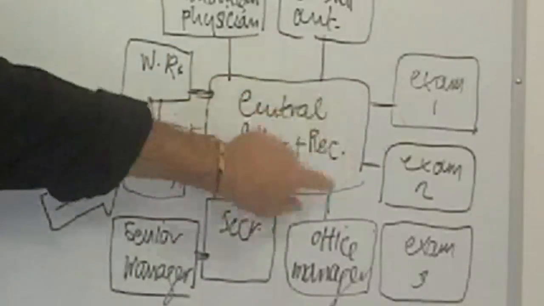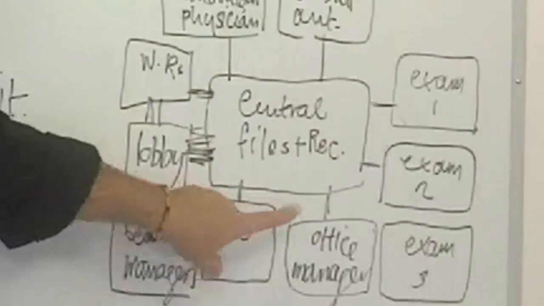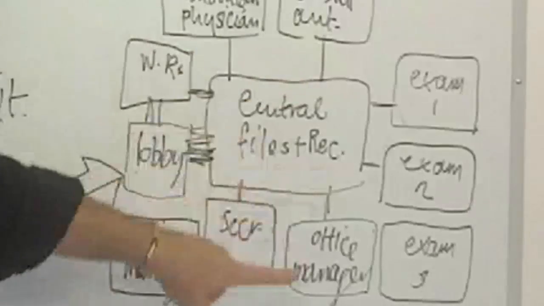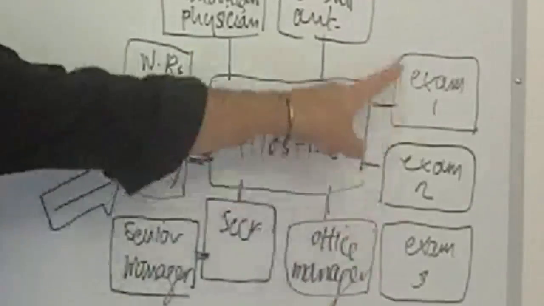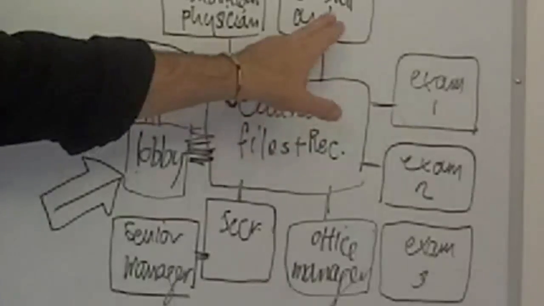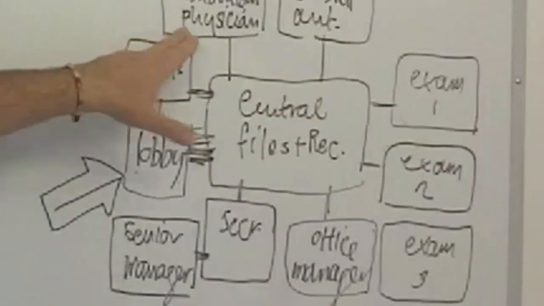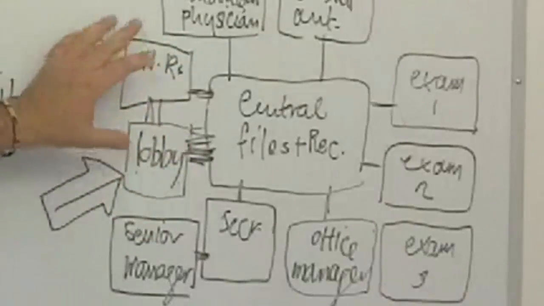From that rectangle, which expresses the area, we can connect to the office manager, the secretary, exam rooms, for example, or individual studies if it was a library, consultant number one, or physician if it was a doctor's office, and the public washroom.